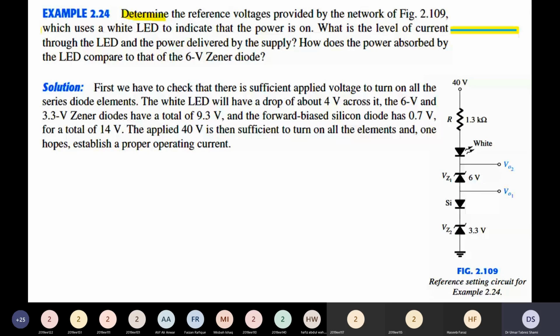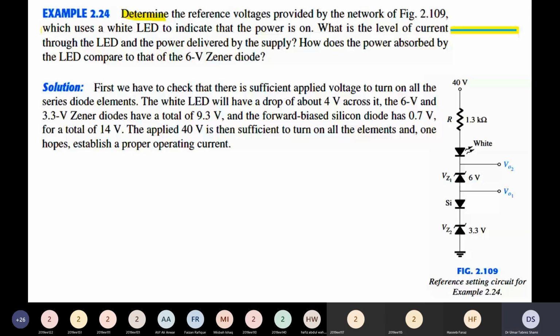The circuit shows a 40 volt power supply. Then there is a 1.3 kilo ohm resistance. Then we see a white LED. This white LED produces a voltage drop of 4 volt when it is forward bias, or when a certain amount of current is flowing through it.